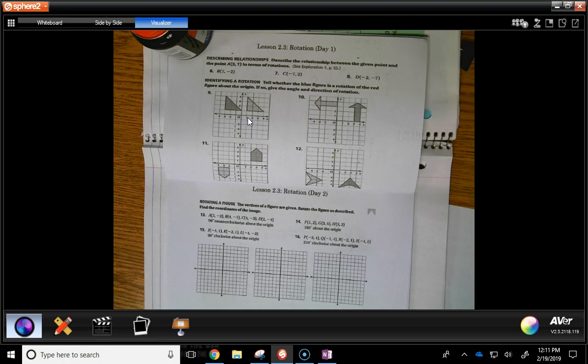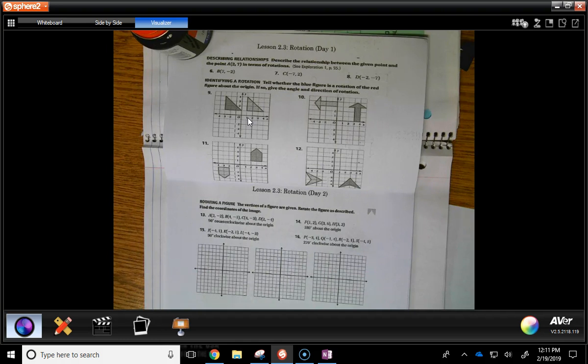There are 2 things I want you to tell me. One, turn clockwise or turn counterclockwise. And second, how much do I need to turn? 90 degrees, 180, 270, or 360. Use your transparency paper. You do that on 6, 7, and 8.